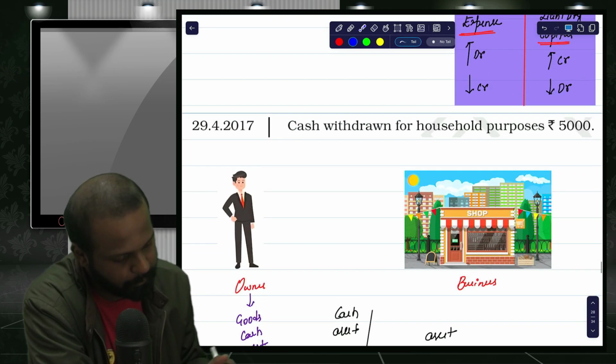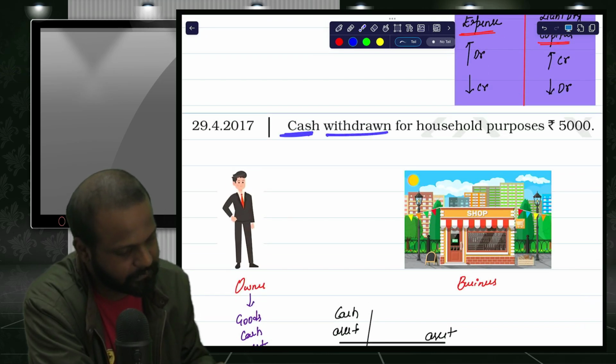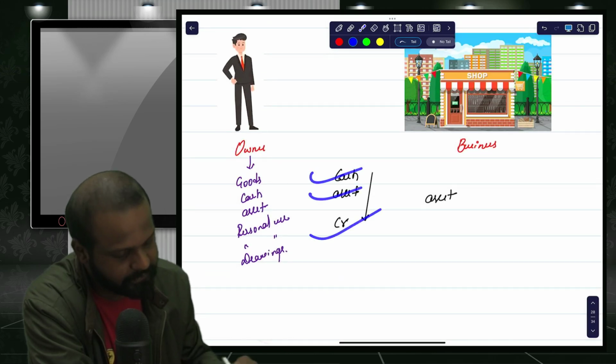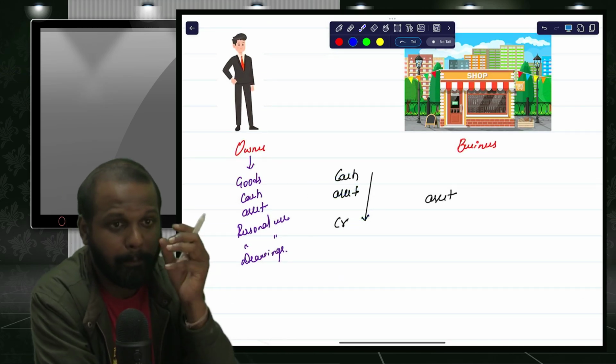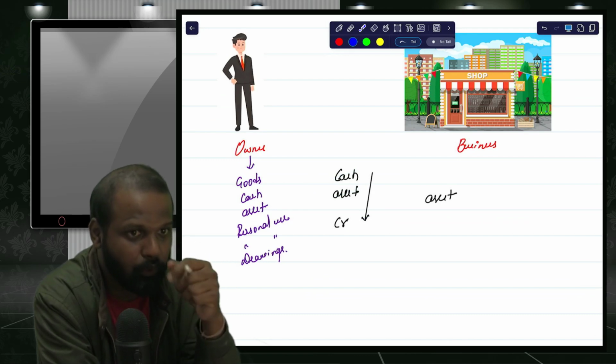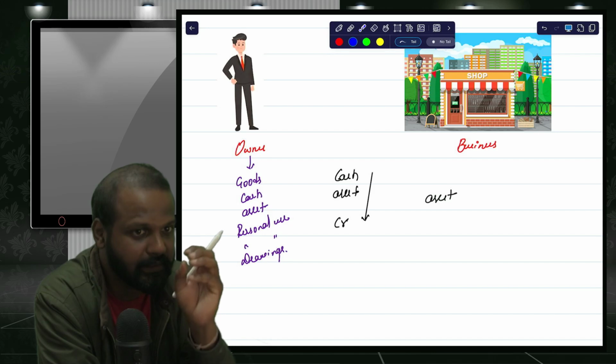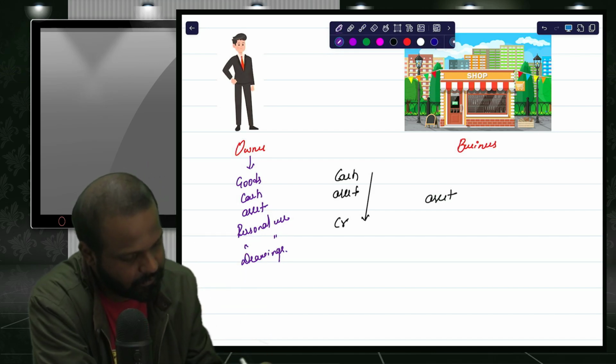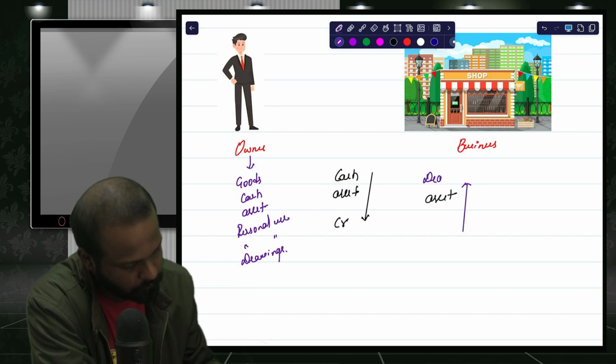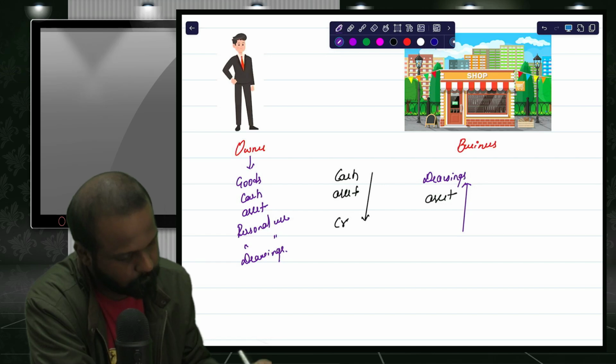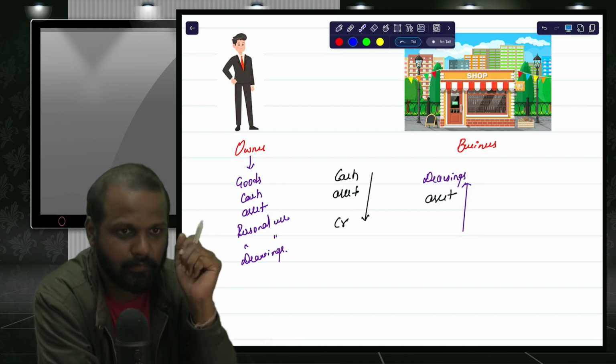So here what has happened? Cash is withdrawn from the business. So cash will decrease, asset decreases, credit. But business has a right to receive that money from the owner. So business has to create an asset in the name called drawings.